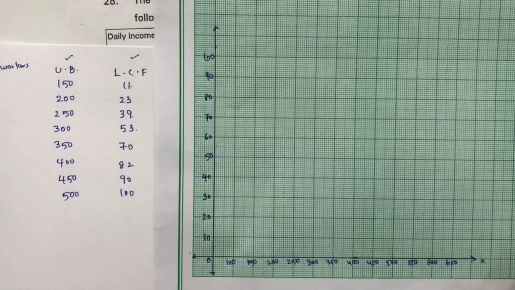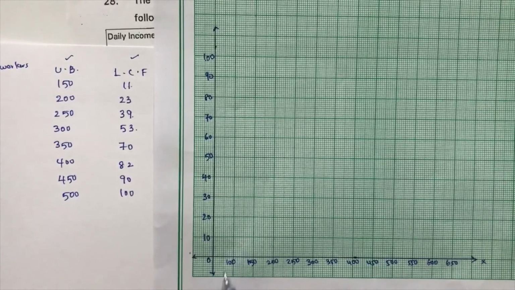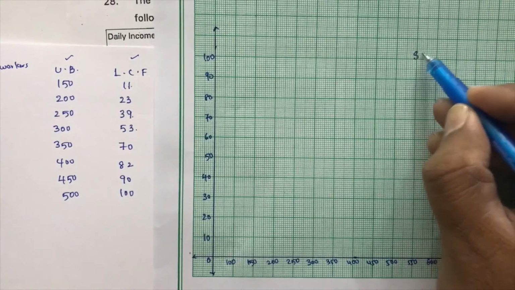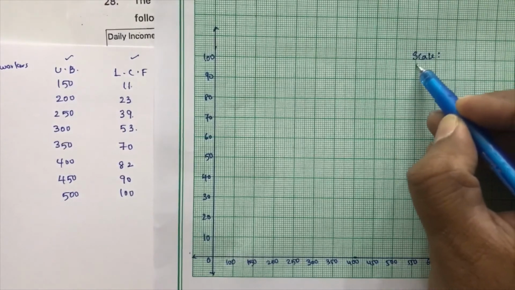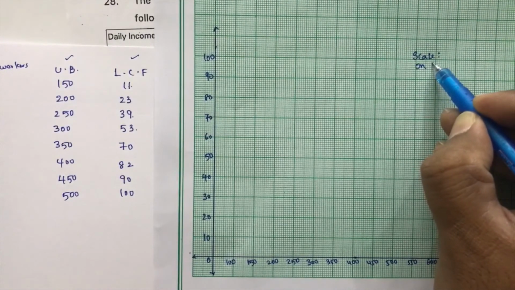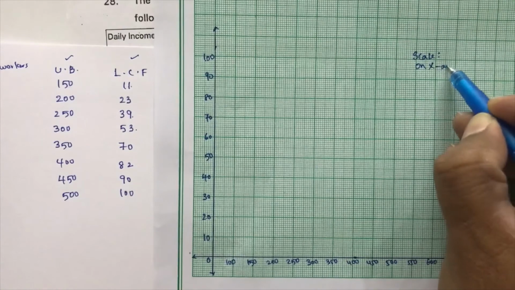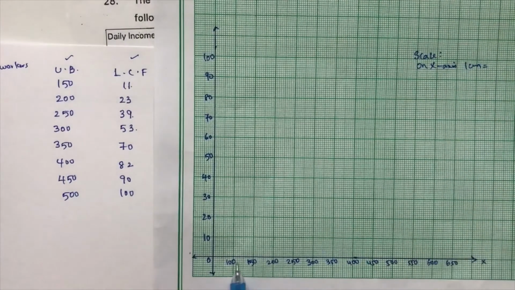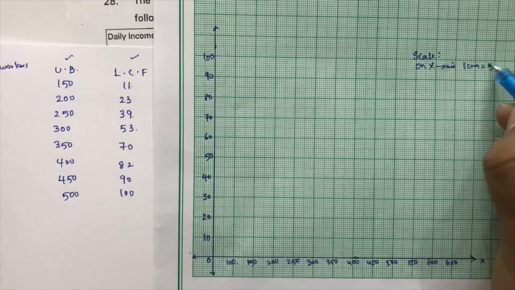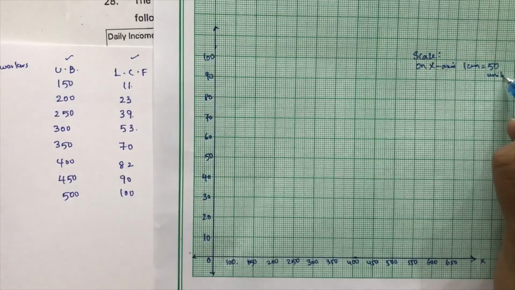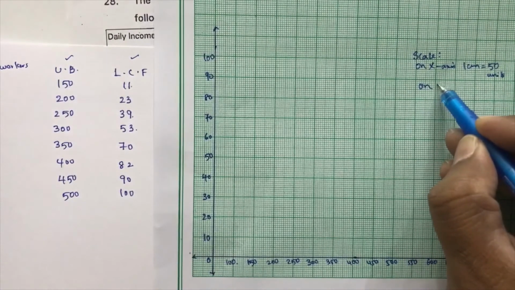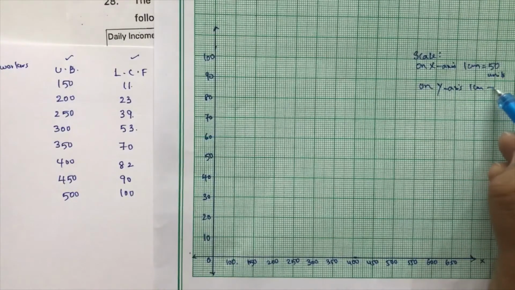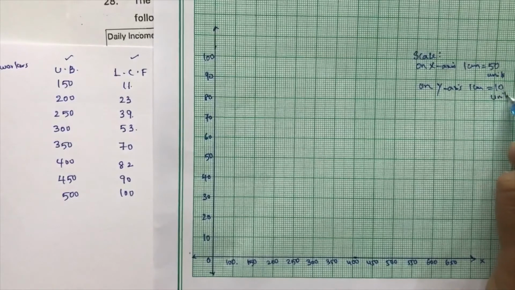Now before plotting the values, we compulsorily need to write the scale. On the x-axis, 1 centimeter equals 50 units, since the gap is 50, and on the y-axis 1 centimeter equals 10 units.